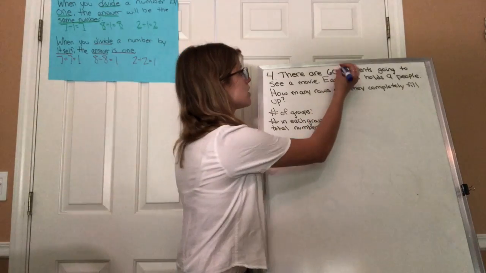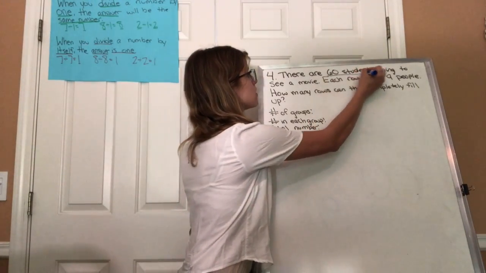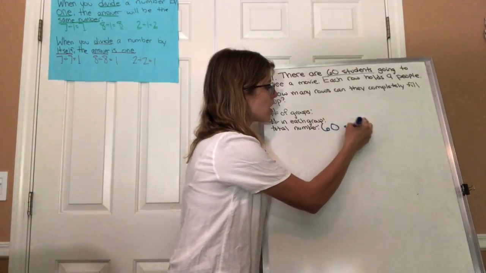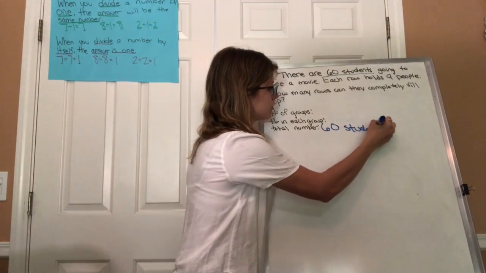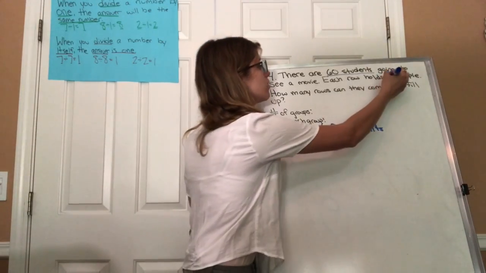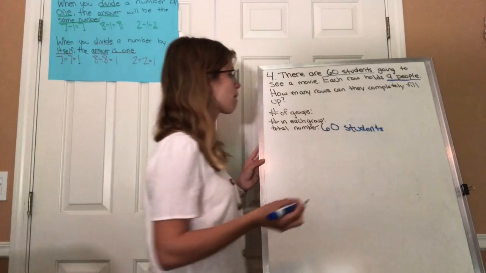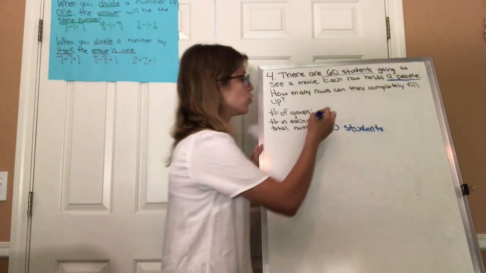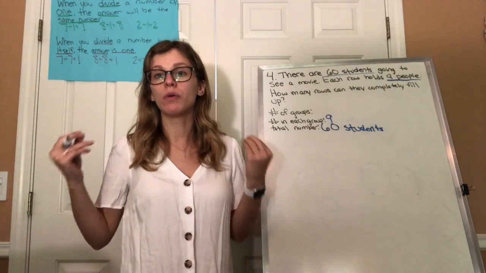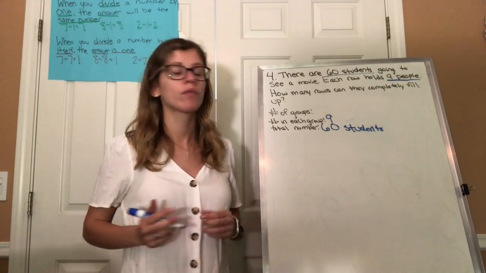So it says there are 60 students going to see a movie. So I know my total number is 60 students. I'm not getting any more than 60. It says each row holds 9 people, so the number in each group would be 9. That's how much we would have in each of the rows.